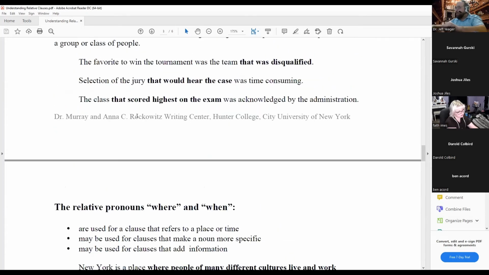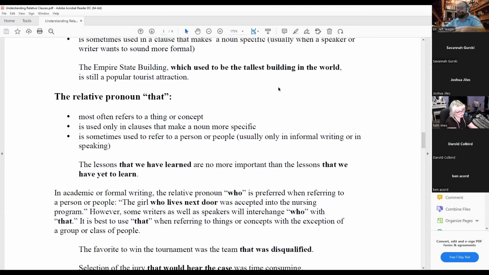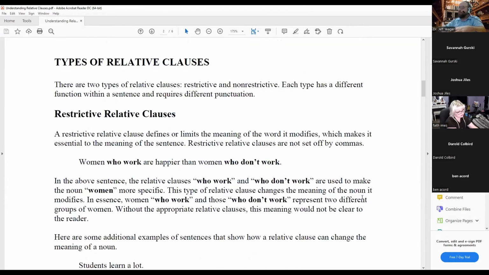Yeah, that's one concept I wanted to cover: the difference between that and which, who and whom. Both depend on whether the sentence makes sense without that phrase added into it.